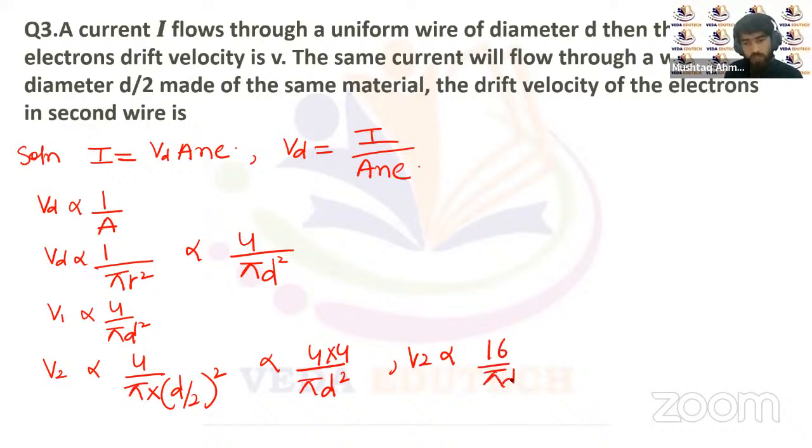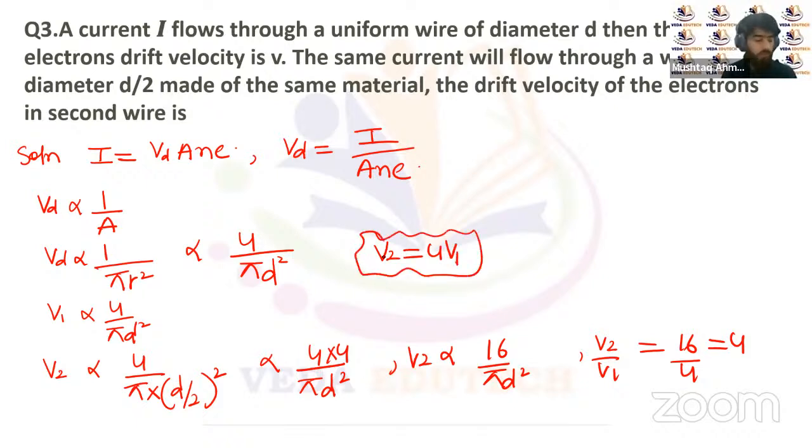Now we have to calculate the ratio between these two. V2 upon V1 will be equal to 16 upon 4, which is equal to 4. So the drift velocity in the second wire will be 4 times the drift velocity in the first wire.